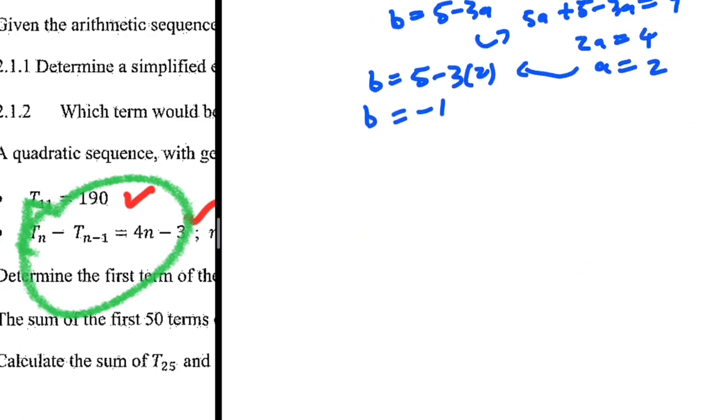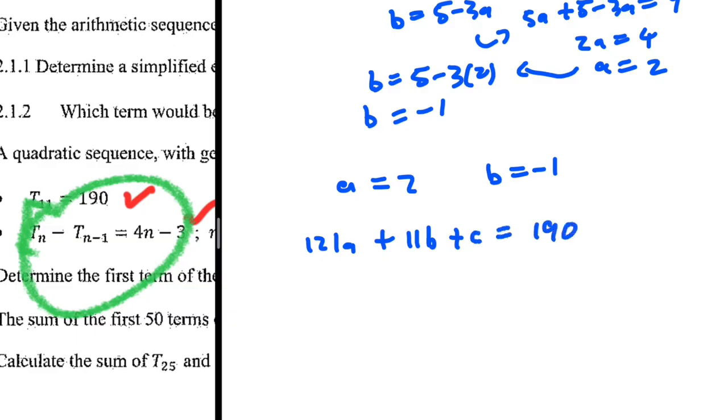So a is equals to 2, b is equals to minus 1, and 121a plus 11b plus c is equals to 190. So 121 multiplied by 2 plus 11 multiplied by minus 1 plus c is equals to 190.